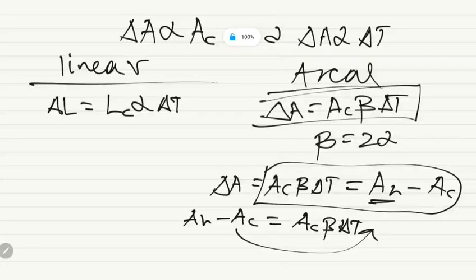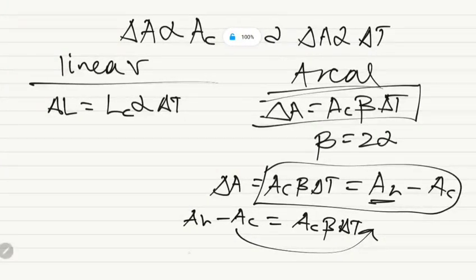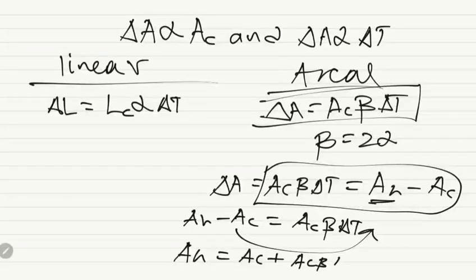So we are going to get the next expression, that is the change in area. The area hotter is equal to area colder plus area colder times beta times the change in temperature.